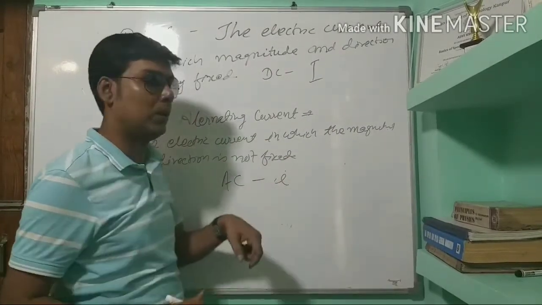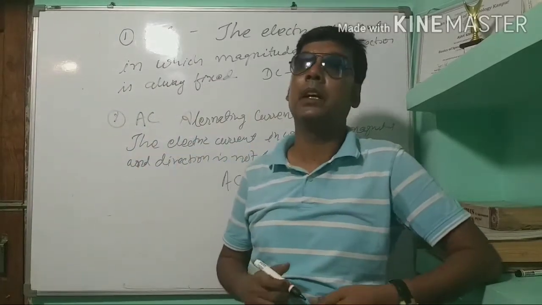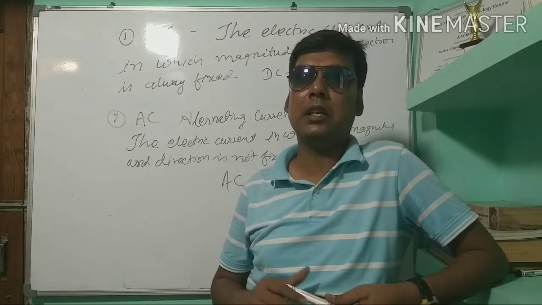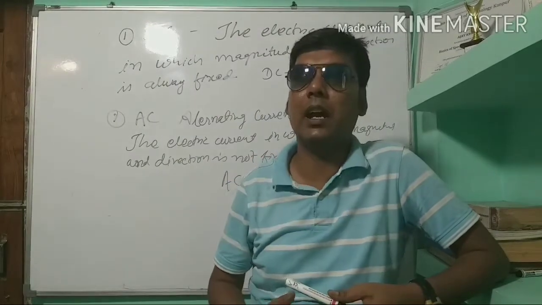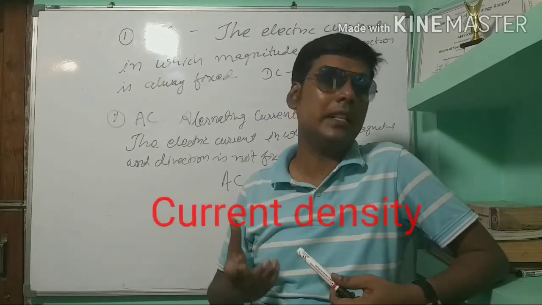The amount of current passing per unit area of a conductor is called current density.